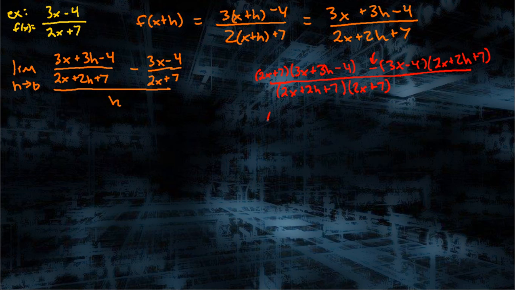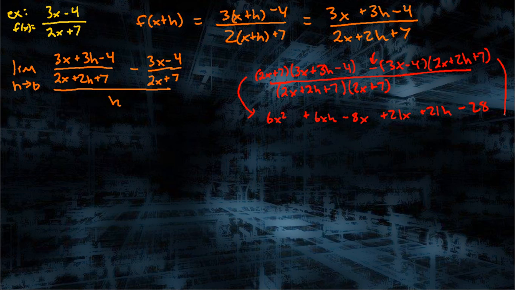So let's see, 6x squared plus 6xh minus 8x, then plus 21x plus 21h minus 28.